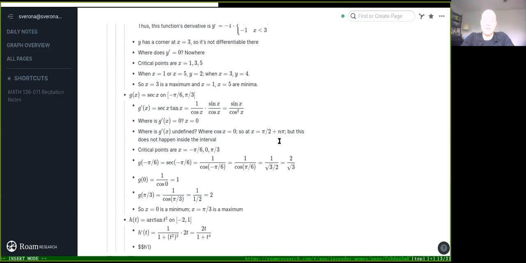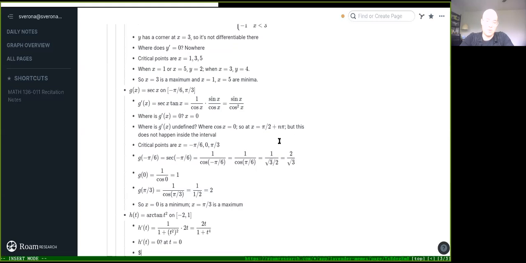So now I can ask, where is this thing equal to 0? I know the numerator must be 0, so that gives me t equals 0. Where is this undefined?